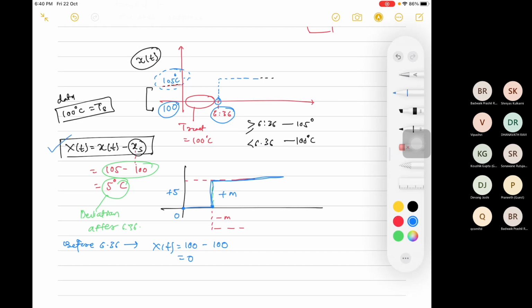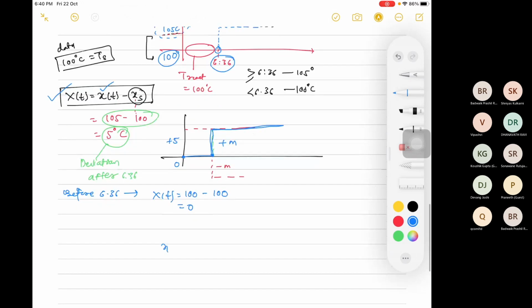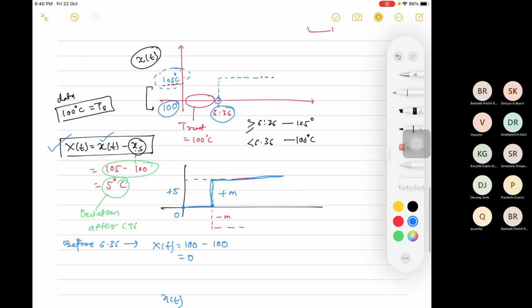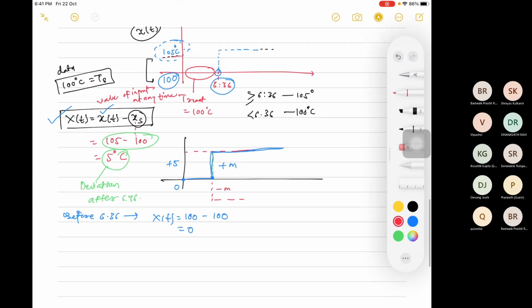You know the deviation variable. You know what small x of t is? It is the value at any time. So I'm writing small x of t is, you take a screenshot here. Small x of t is the value of input at any time. Should I write separately?